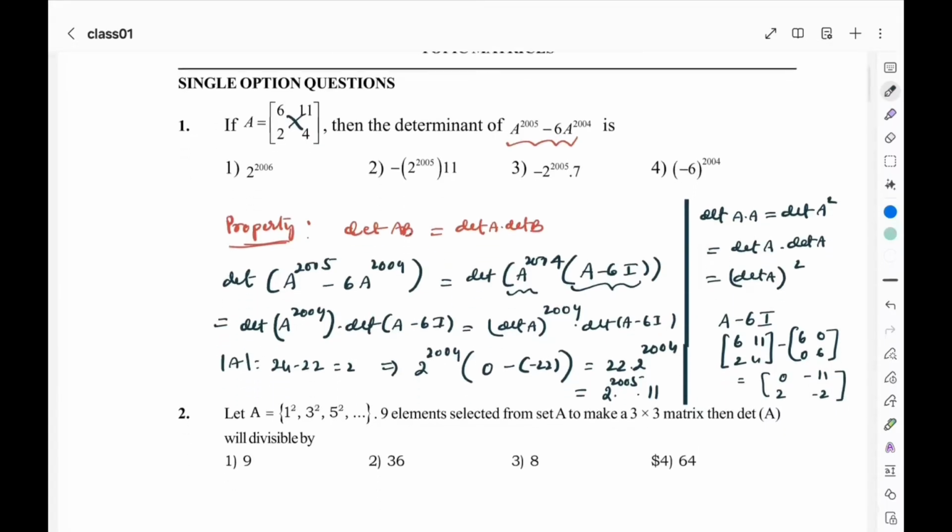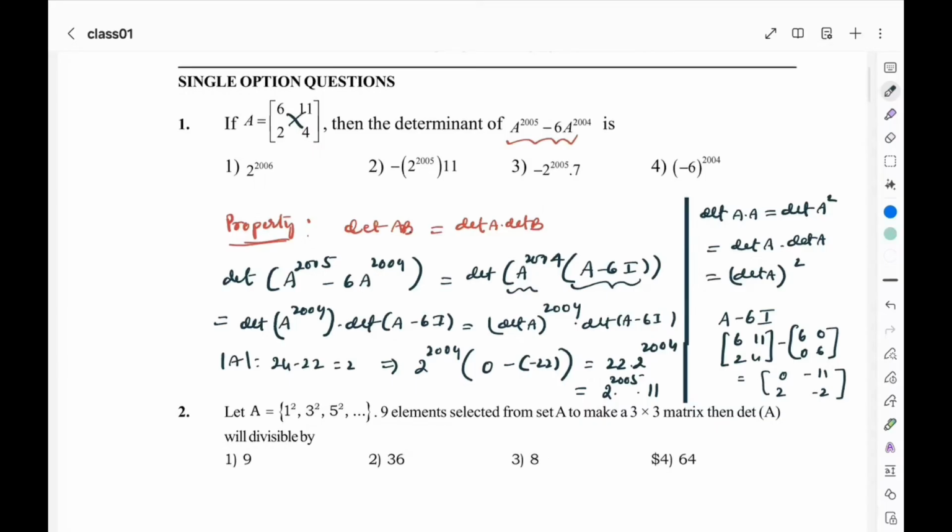Here it is plus 11. So you get here minus 11. This option is correct.